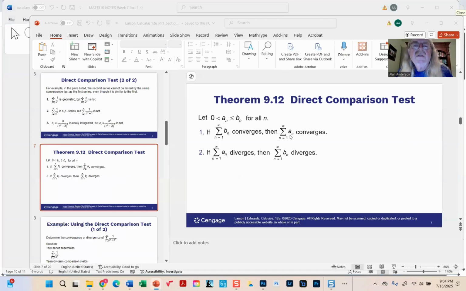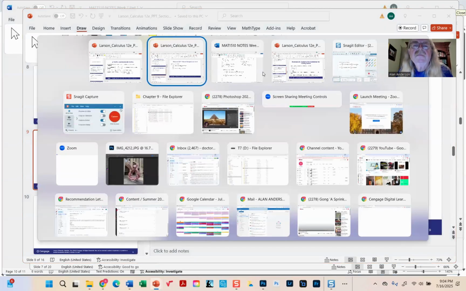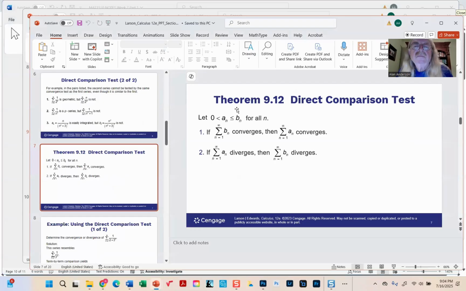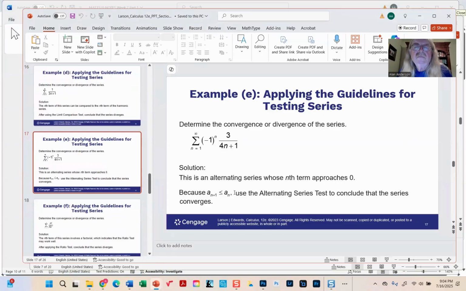What else? Oh, alternating series. Okay. So they've already kind of given it away for us. They're telling us that the limit is 0. Well, that makes sense.